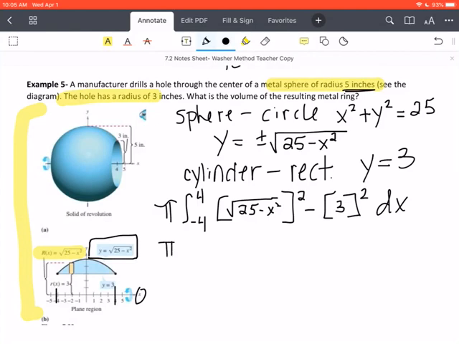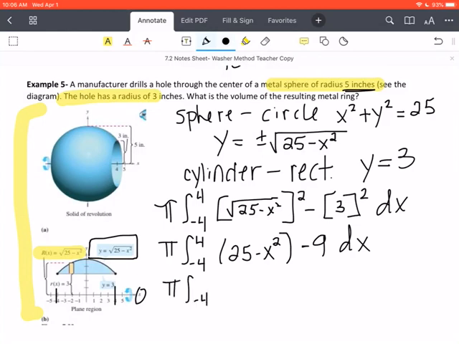So if we clean some things up, we have -4 to 4, 25 minus x squared, because those roots and squares cancel out, and then minus 9 dx. Combine things together: pi from -4 to 4 of 16 minus x squared dx.